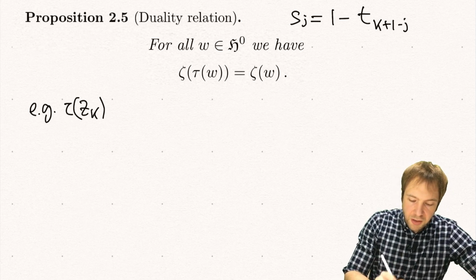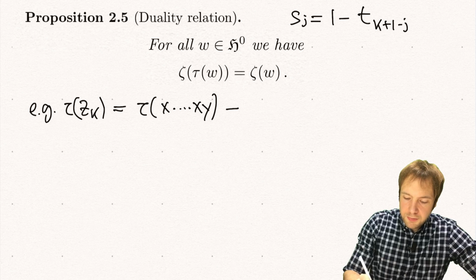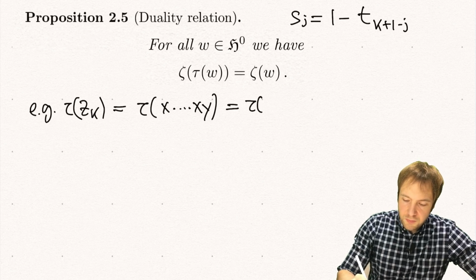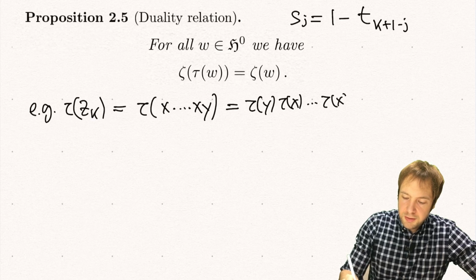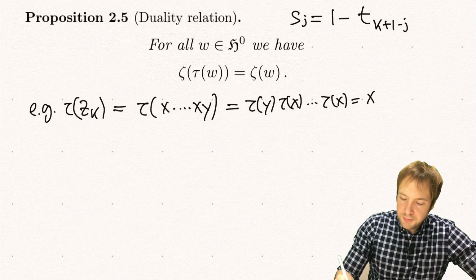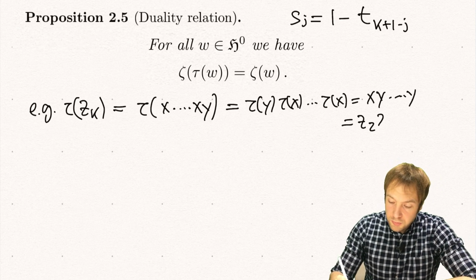So what is tau of z_k? This is x, y. But this is just tau of y, tau of x, tau of x. So this is x, y. So this corresponds to z_2, z_1.